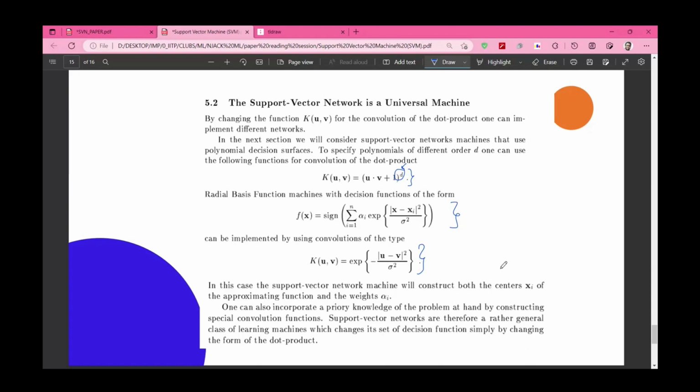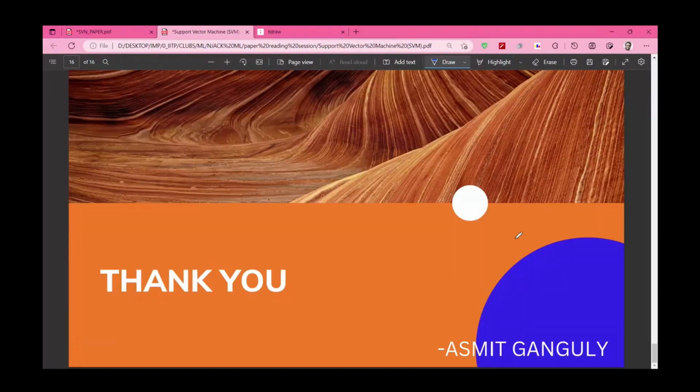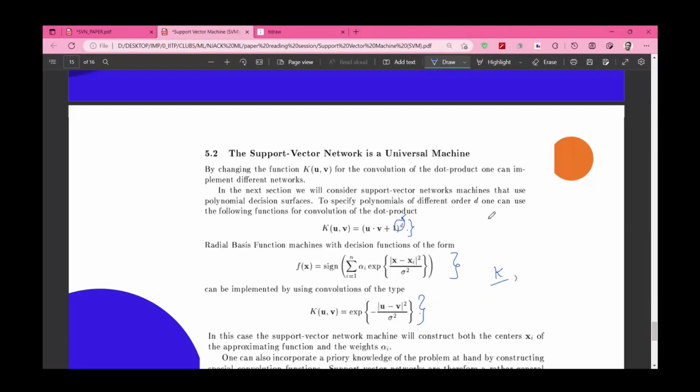That is why it is one of the best supervised learning algorithms that we have. Using this kernelization technique and the dual problem solving method, we use it as the main algorithm for the networks, which is why it is known as support vector networks, which basically uses the support vector machines algorithm. So this is the summary of the paper that we have with us.